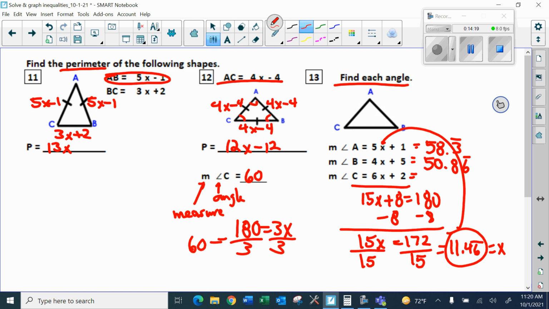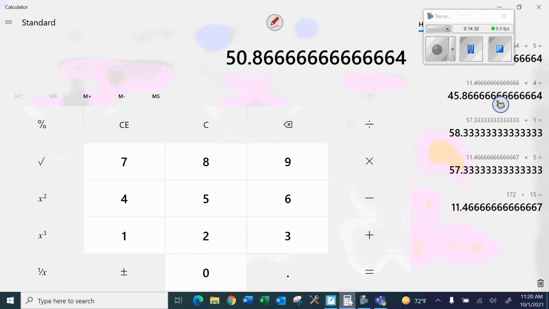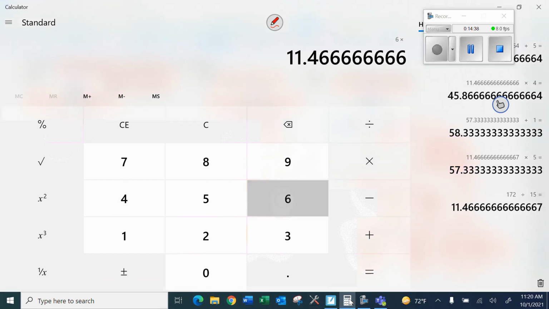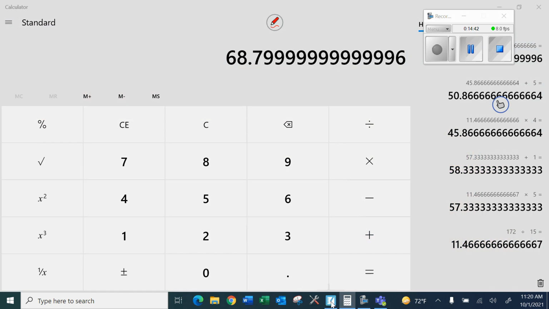Now I could plug it back in, do 6 times that. So 6 times 11.46 repeating bar equals, plus how much of that?